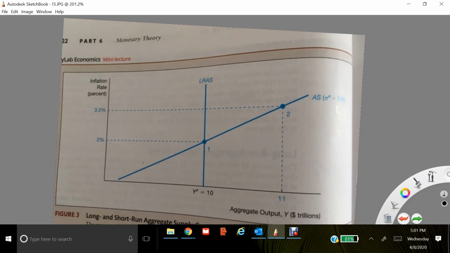A long-run aggregate supply curve, which we show here, and a short-run aggregate supply curve, which is this curve. Okay, so what determines the shape and placement of the long-run aggregate supply curve?